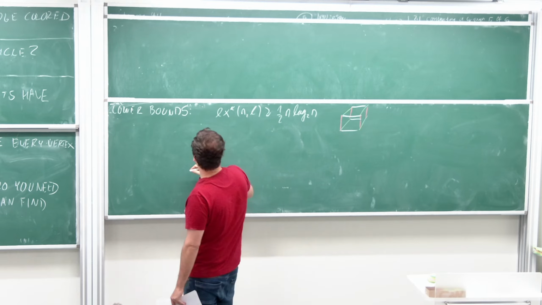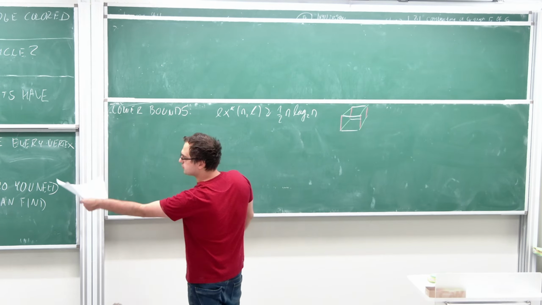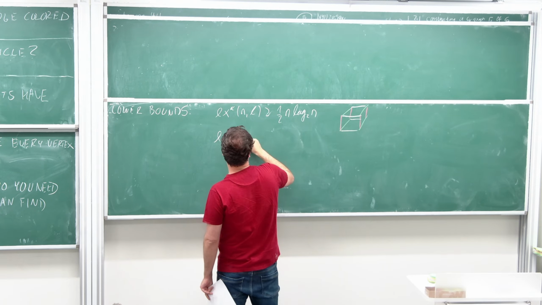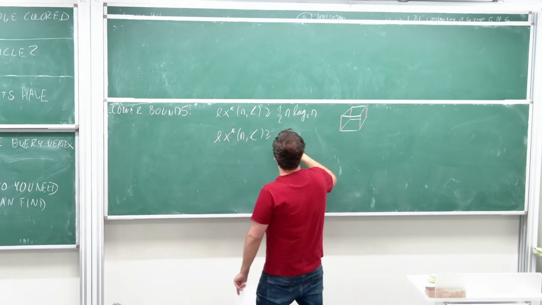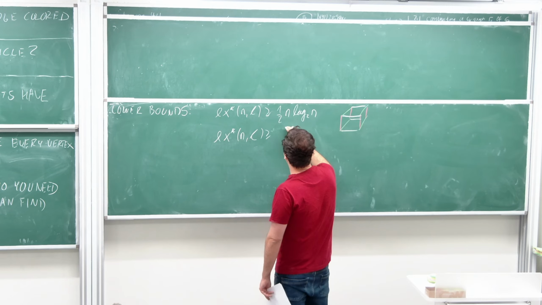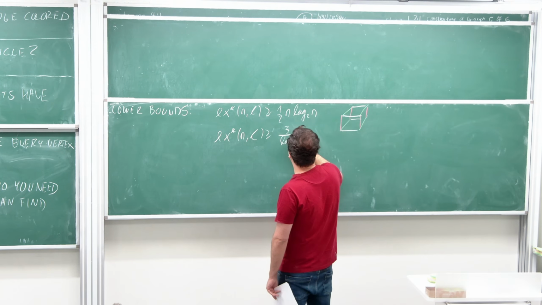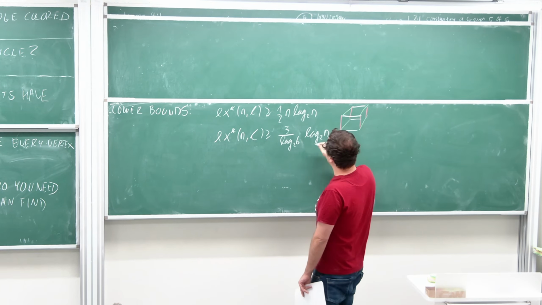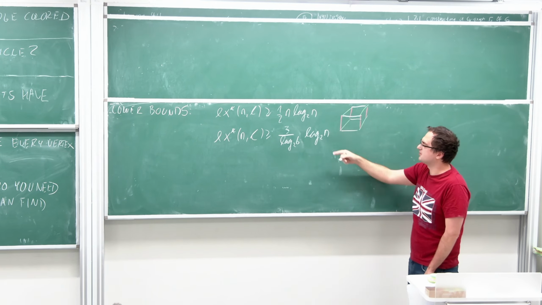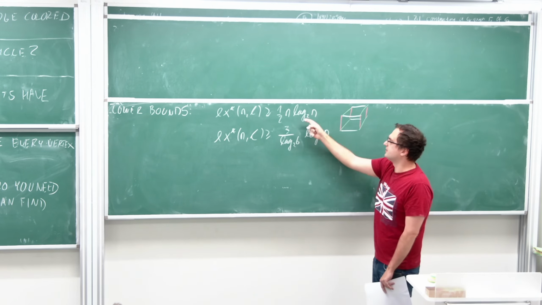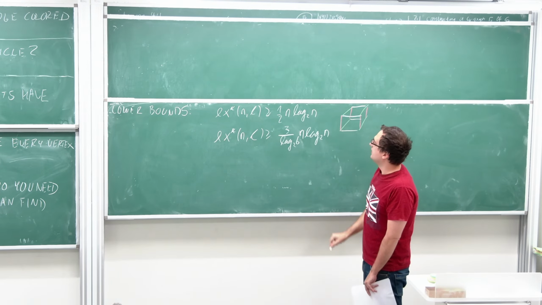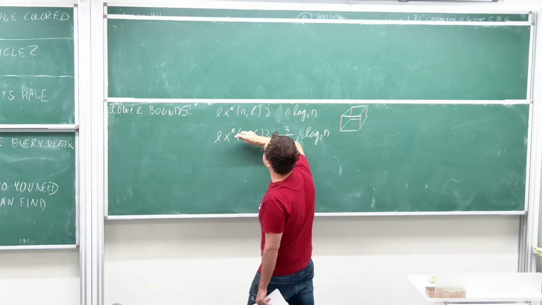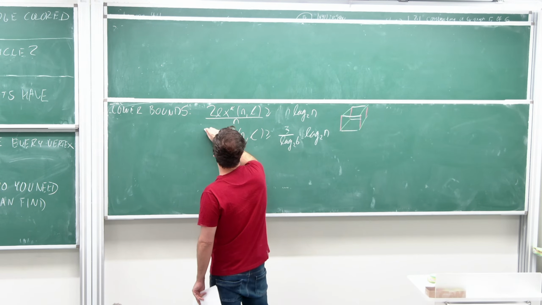So there is a better one due to Keevash, Mubayi, Sudakov and Verstraëte, which is still the best known lower bound as far as I'm aware, which gives something like 3 over log base 2 of 6 times log base 2 of n, which is just 3 times log base 6 of n, but I wanted to write it so that I add this 2 over n.